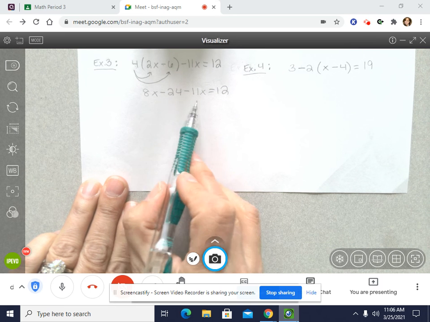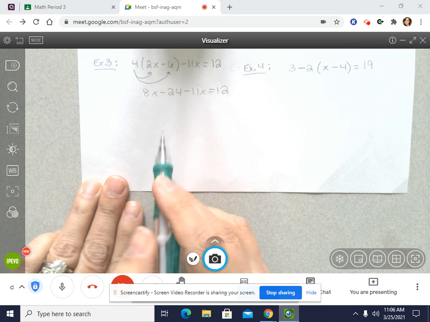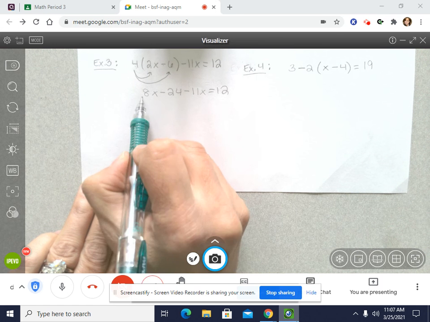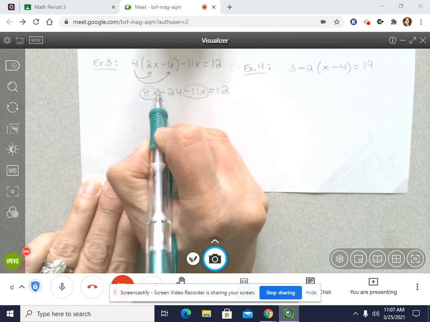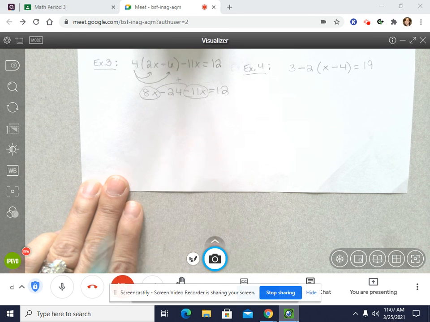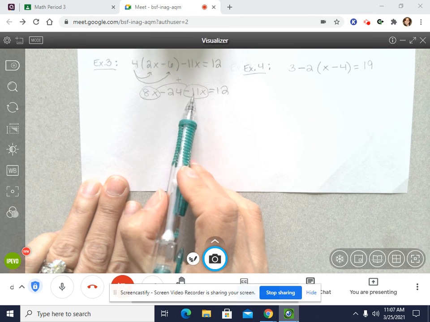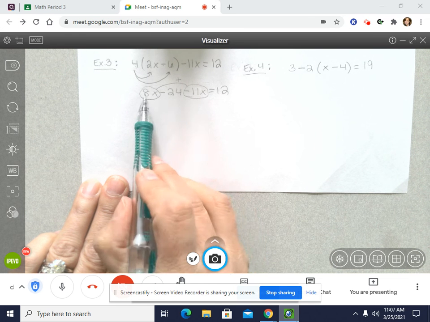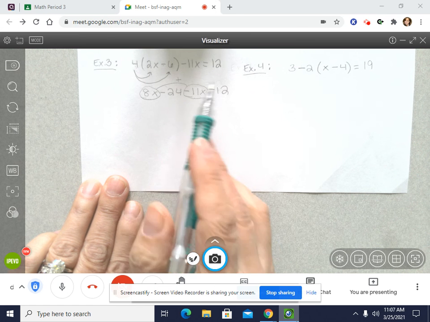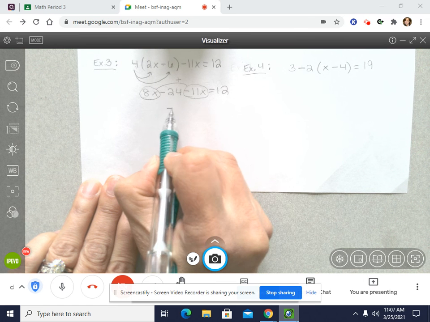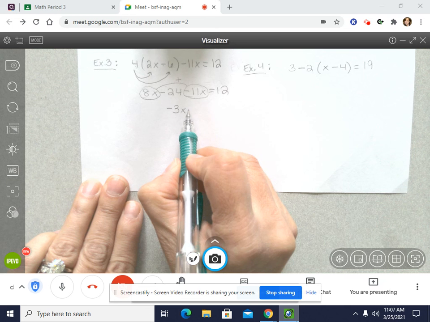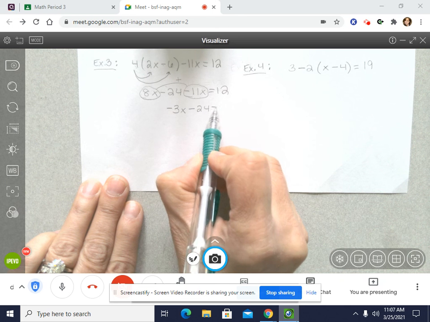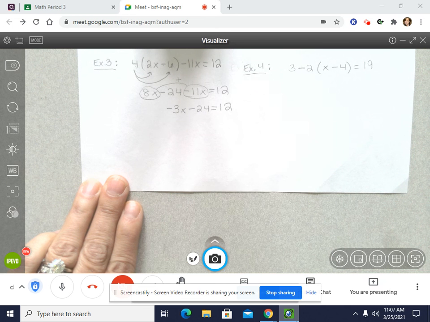All right, now is there anything to combine on the left side of the equal sign? Yeah, take a look. We have an 8x and a negative 11x. 8x minus 11x is the same as 8x plus negative 11x, which is negative 3x. Bring down our minus 24, bring down our equals, bring down our 12.